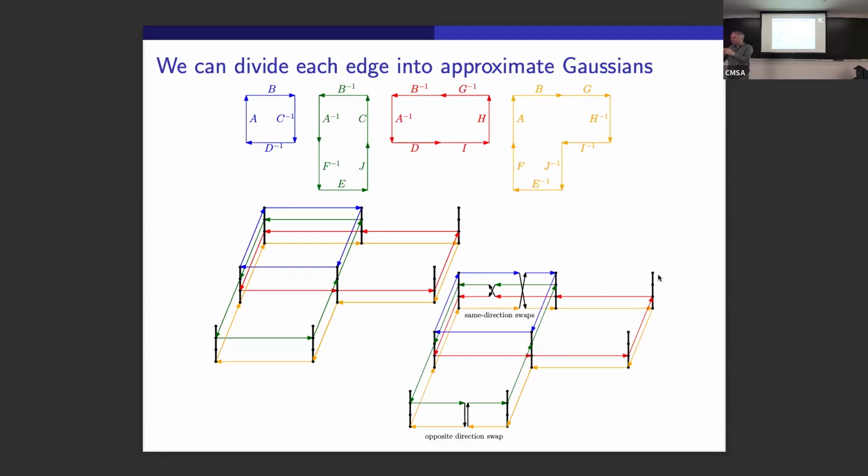If you multiply them all together, you get something that's still very close to being in the Lie group. So you can approximate a Brownian motion on the Lie group for some time by a product of Gaussian matrices. Then you can take a limit as that goes to infinity, and you converge to the stationary distribution.